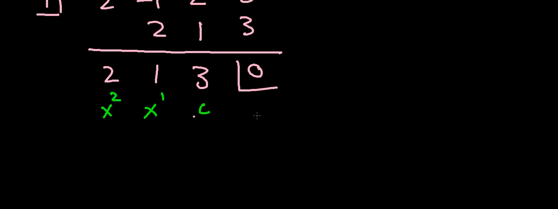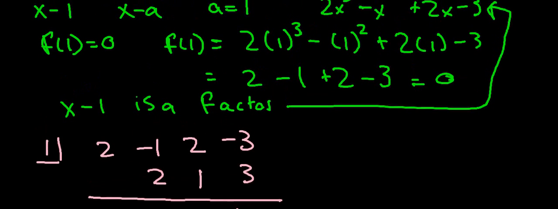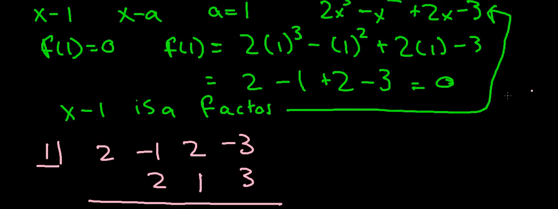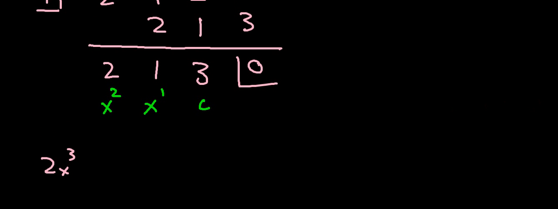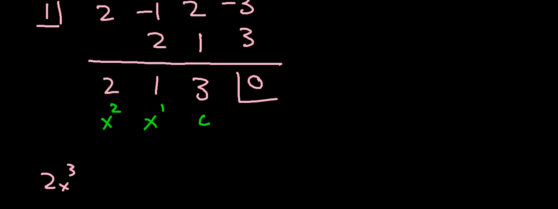So here's our original function up here. Let's rewrite it: 2x cubed minus x squared plus 2x minus 3. What we're going to do is write this in factored form now.